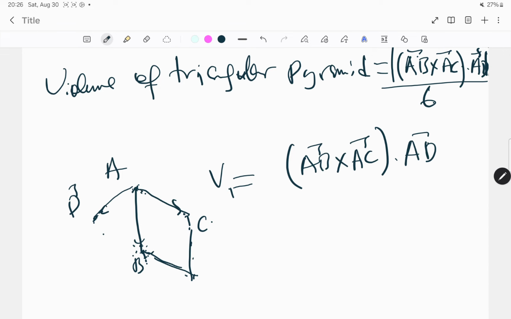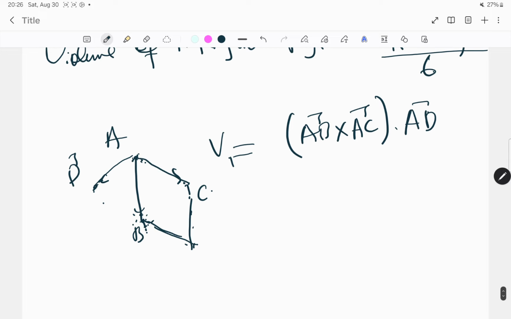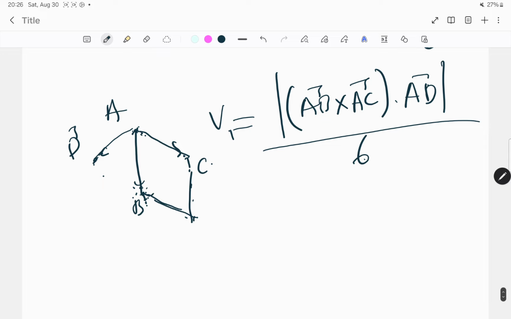Or you can make it the other way. You can make any of the points the center and you get the same thing. Then we take the absolute value of this over 6. Now that we've done this, let's get AB. AB is just vector B minus vector A.